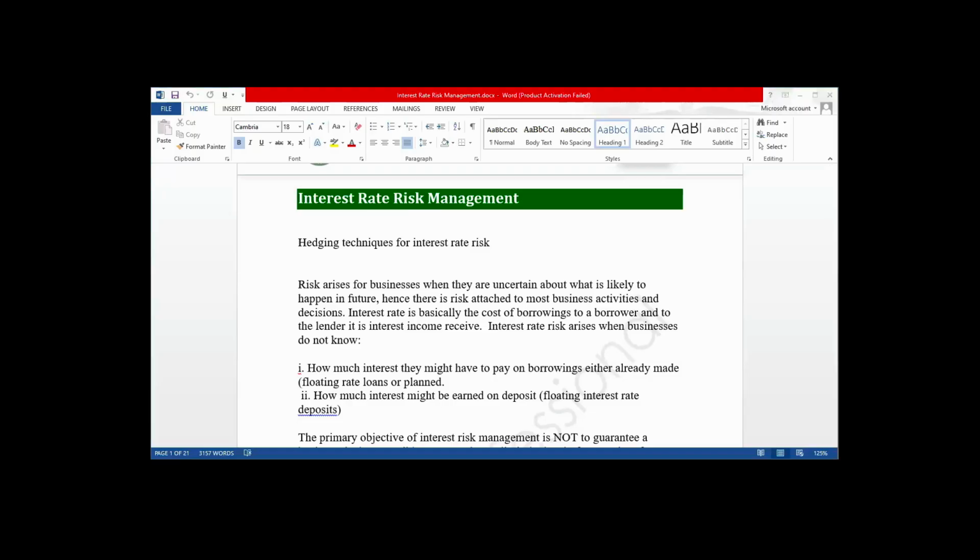The interest rate payable in year 1 may be different from the interest rate payable in year 2, because the company has borrowed at a floating rate. That means the company is not certain.